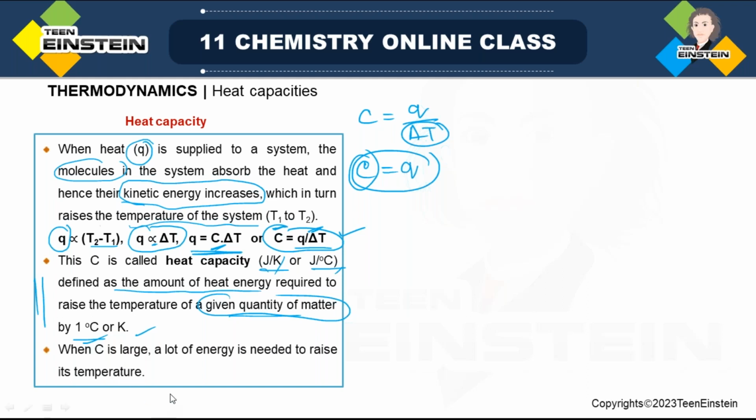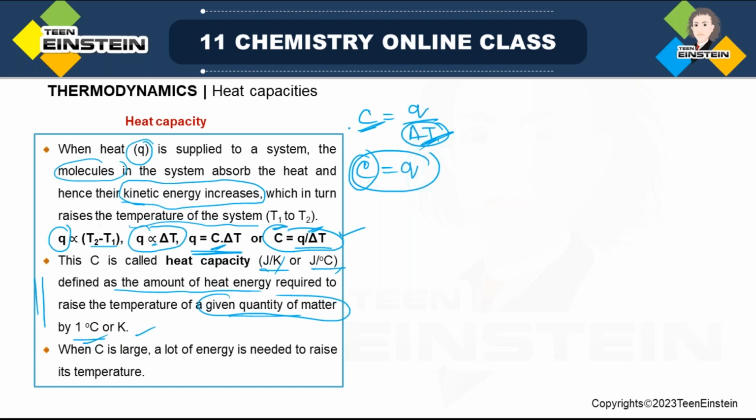When C is large, a lot of energy is needed to raise its temperature. Suppose you have taken two different substances, substance 1 and substance 2. In both cases, you are increasing the temperature by 1 degree centigrade. But suppose for the first substance, heat capacity is high, and for the second substance, heat capacity is low.